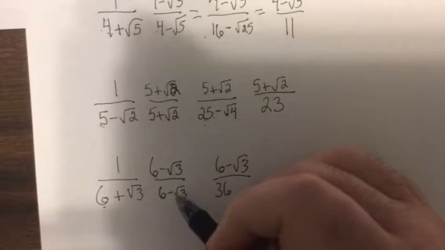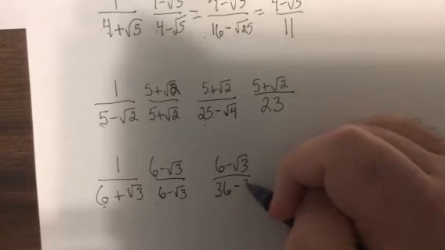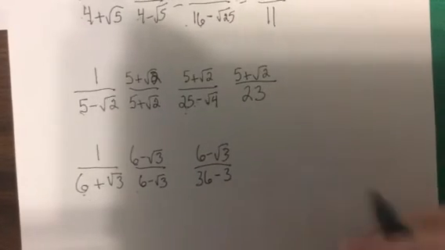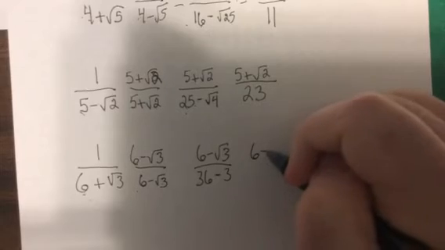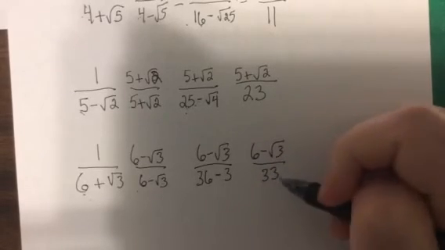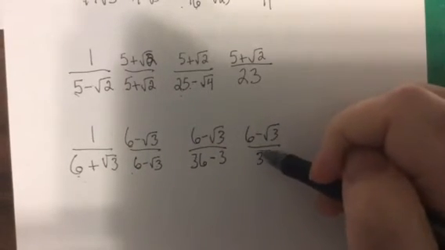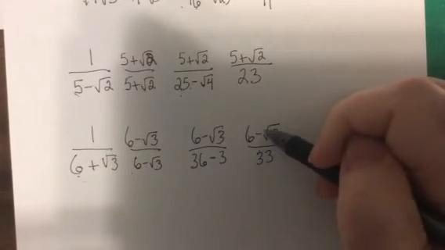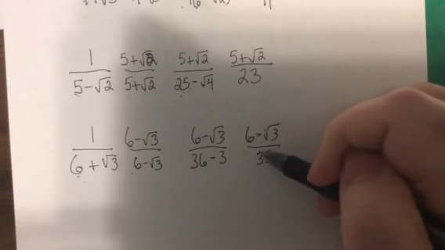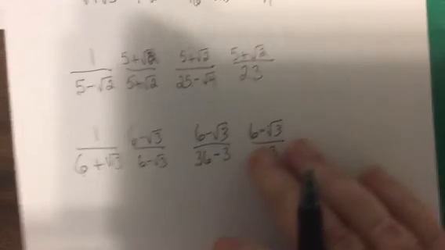And square root of 3 times a negative square root of 3 would be minus square root of 9. And square root of 9 is 3. So it'll be 6 minus square root of 3 over 33. Now you can only reduce a fraction if it goes into every part. Since there's a plus or minus, it has to go here and it has to go here, and this has nothing you can simplify.